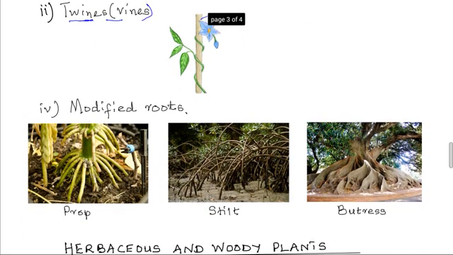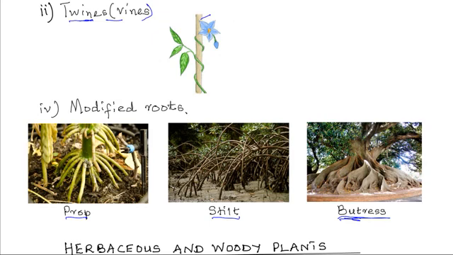Various types of roots are modified to provide additional support, like prop roots, for example in the maize, stilt roots in the mangrove plant, and the buttress roots in a number of large trees. So these modified roots are specialized to provide additional support to the plant.